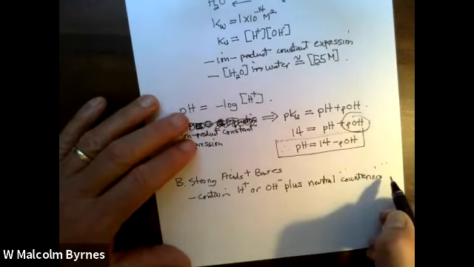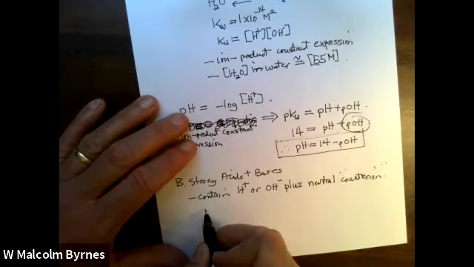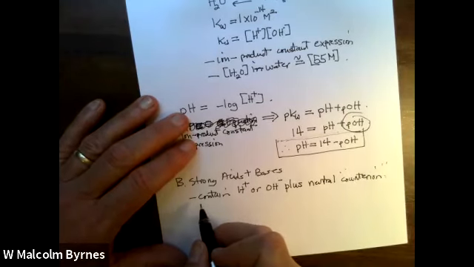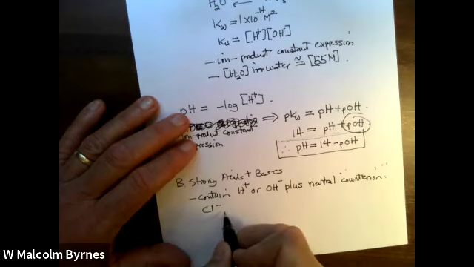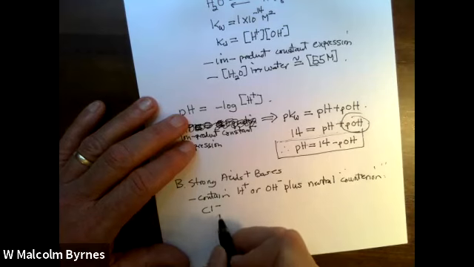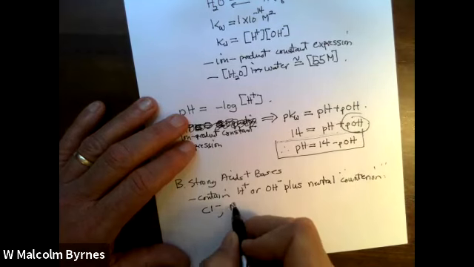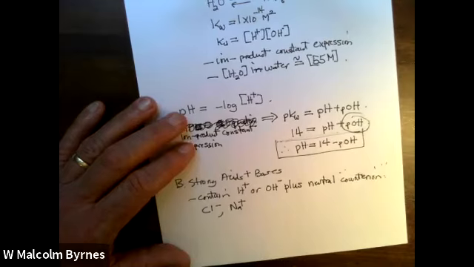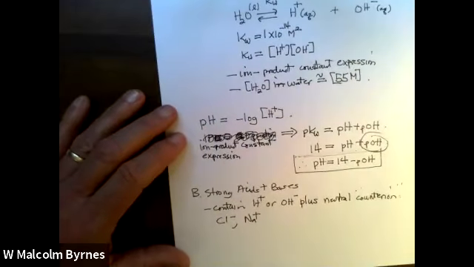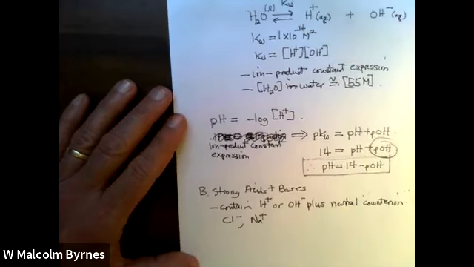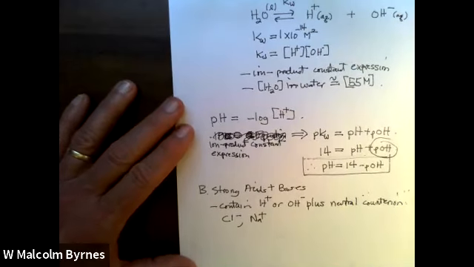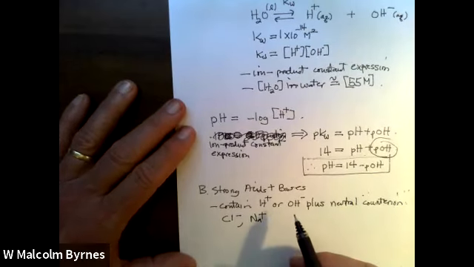And the counterion could be chloride, say, for hydrochloric acid, or it could be sodium for sodium hydroxide. So again, H plus and a neutral counterion such as chloride, OH minus and a neutral counterion such as sodium, Na plus.